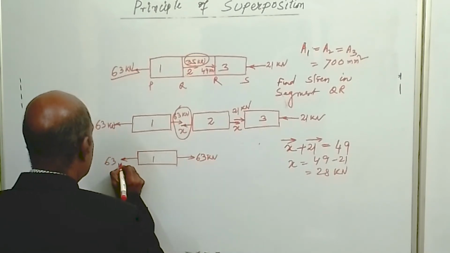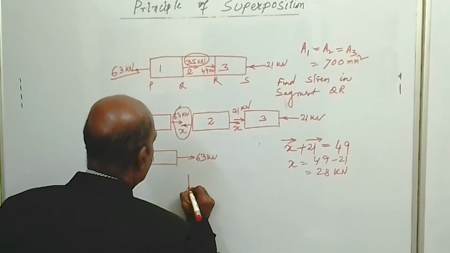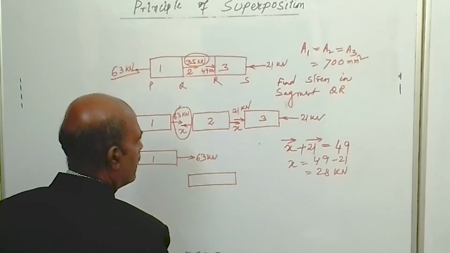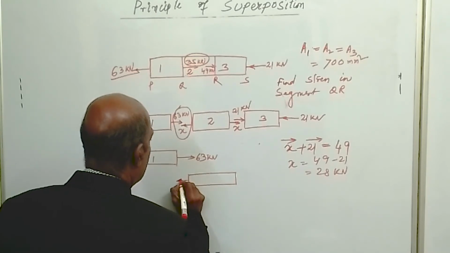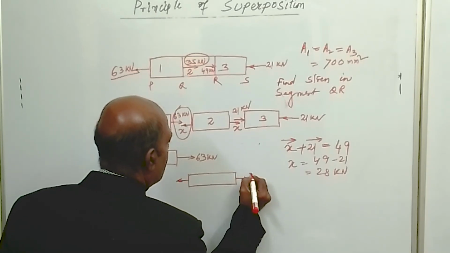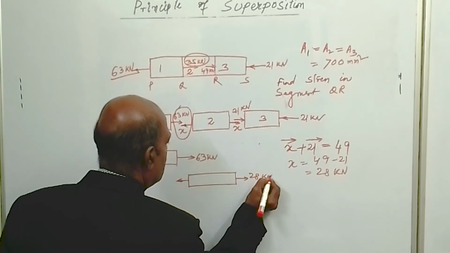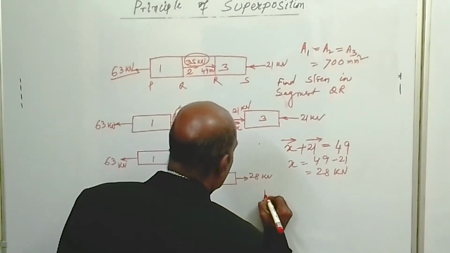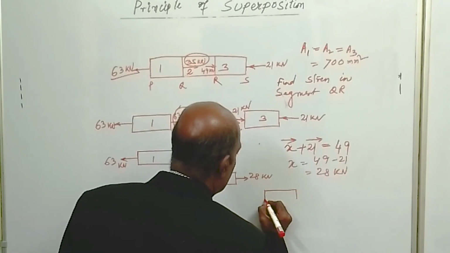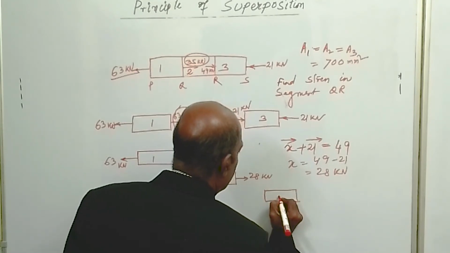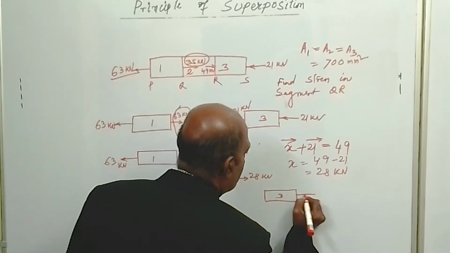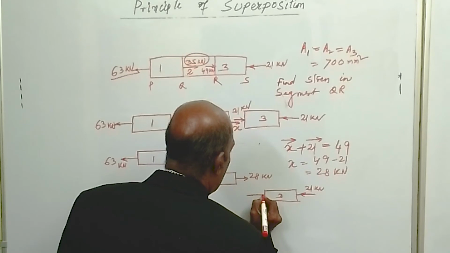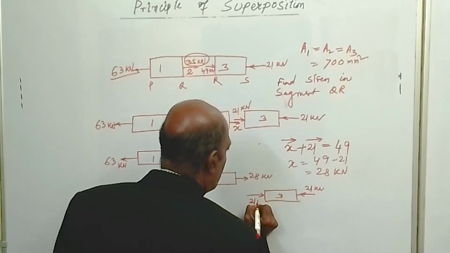Second member, it is under 28 kilonewton, it is also tensile load. And the third member or third section, in this section 21 kilonewton is the compressive load.